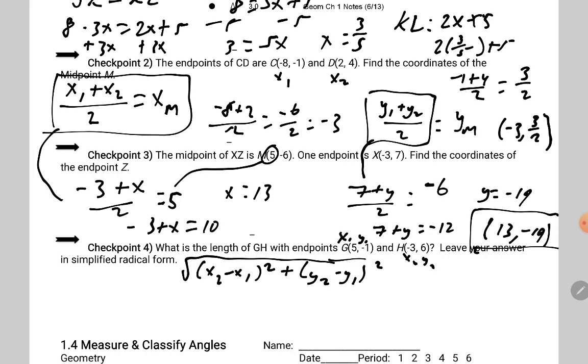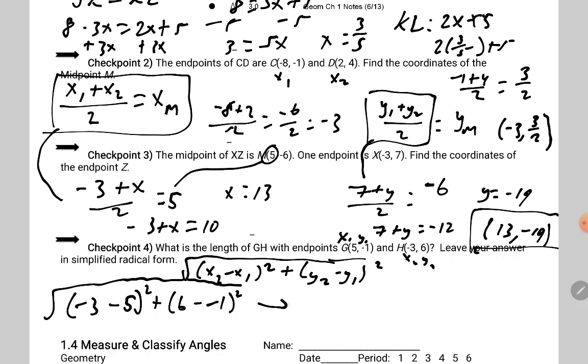So x2 is -3 minus 5. Put that in parentheses, squared, plus y2, which is 6, minus -1. So double negative. And then that's all under the square root. -3 minus 5 is -8.